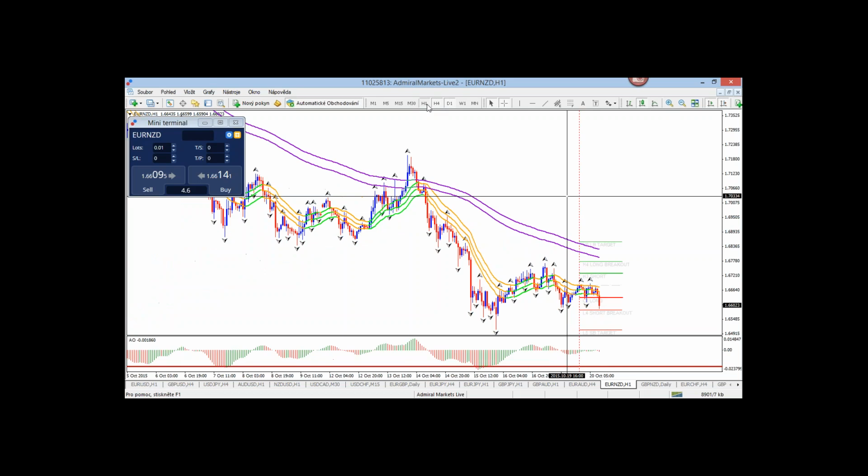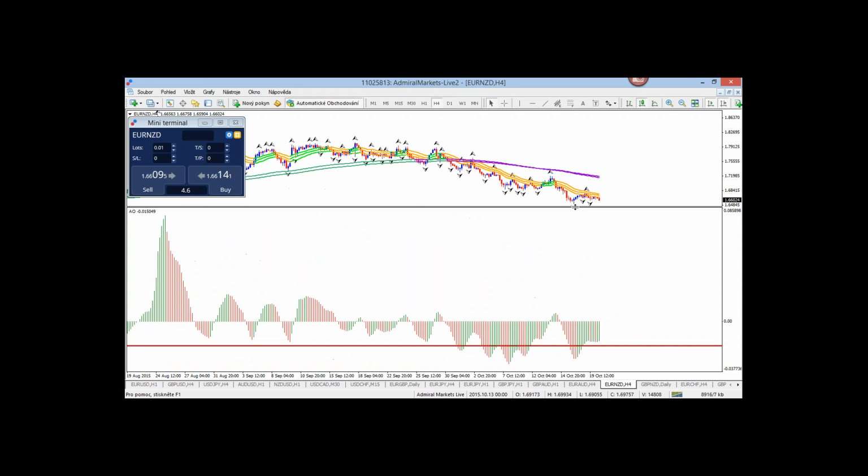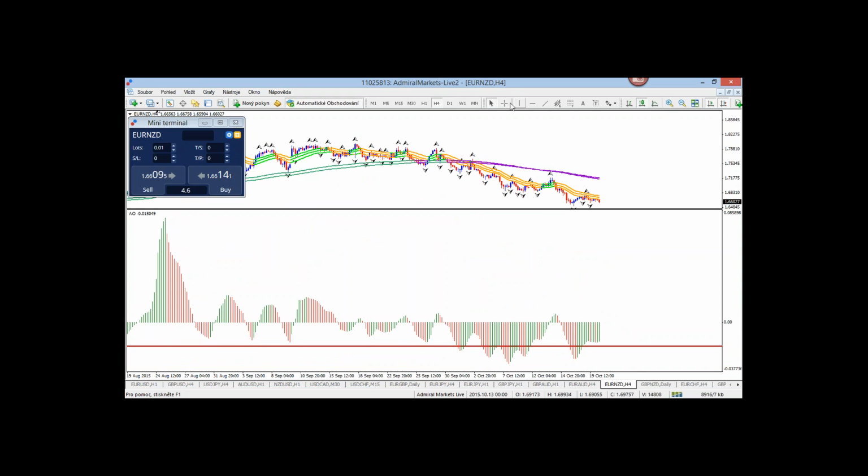Considering the fact that there is a bit of divergence here perhaps on the 4-hour chart. There wasn't on the hourly chart, but the 4-hour does have it a bit.